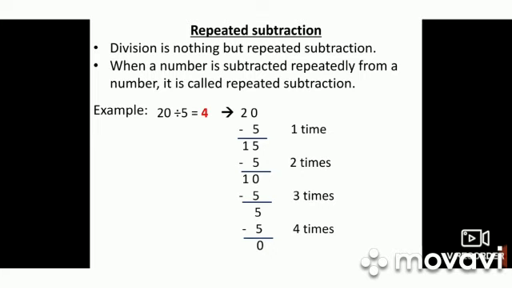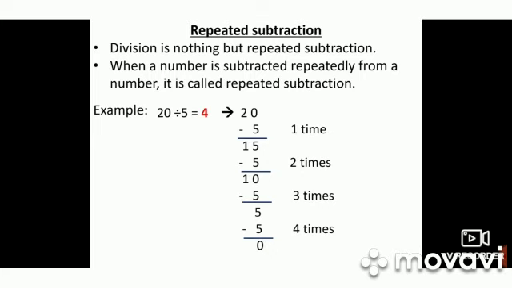First write 20 minus 5, the first time you will get 15. Again 5 should be removed from 15. So subtract 5, the second time you are getting 10. Again subtract 5 from 10, you are getting 5. For the fourth time when you subtract 5 from 5, you are getting 0.